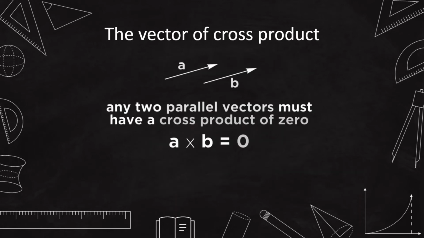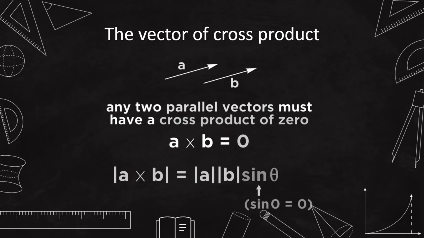From this method we can also arrive at another truth: any two parallel vectors must have a cross product equal to 0. That's because parallel vectors have an angle of 0 between them, and the sine of 0 is 0, so the whole cross product according to this expression must go to 0.